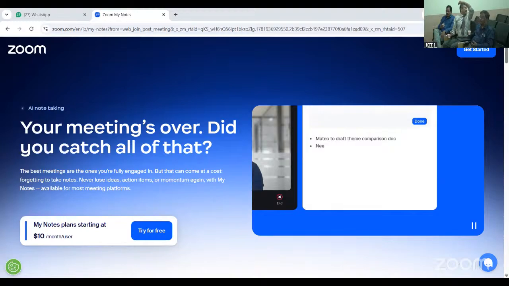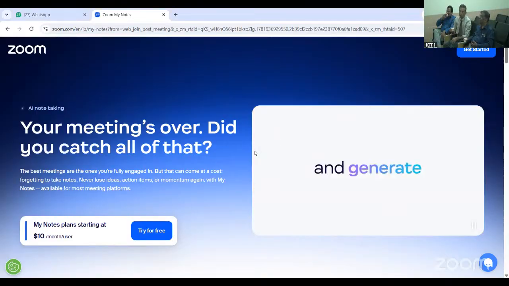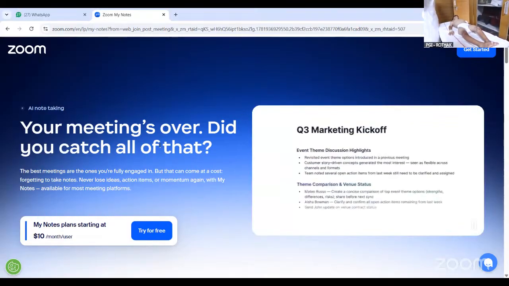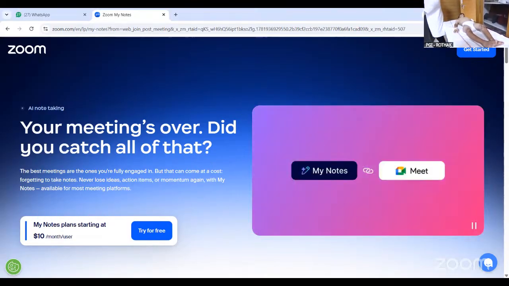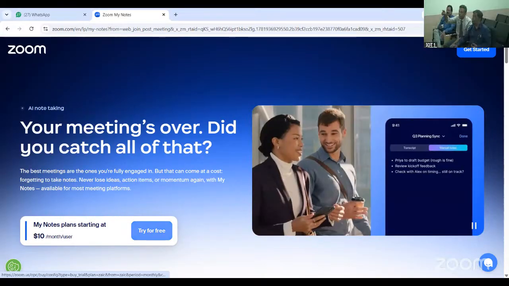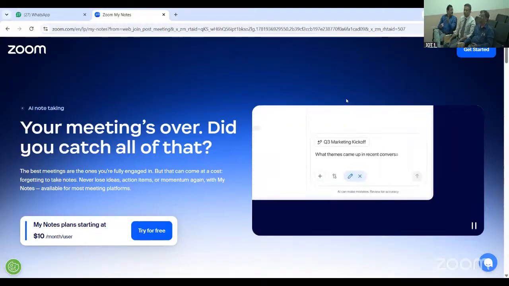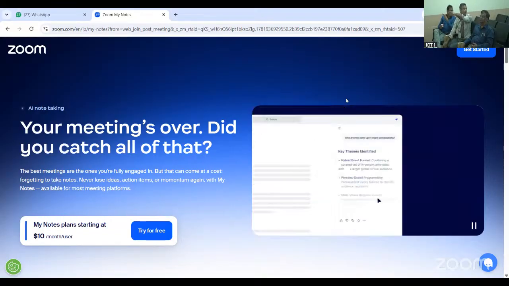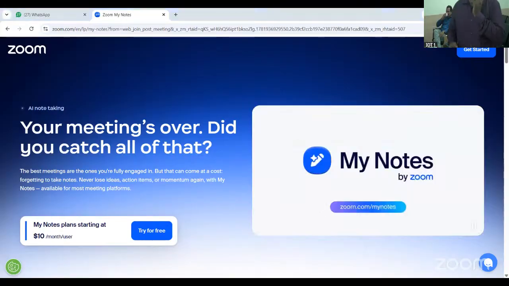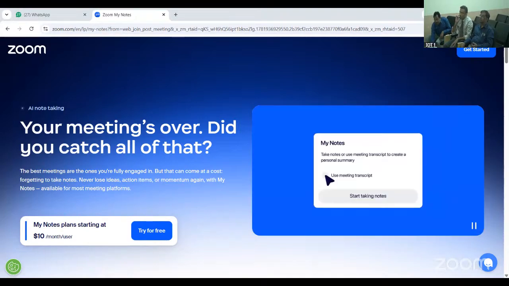Slide show. Screen sharing of part. We are not able to see the sequence.